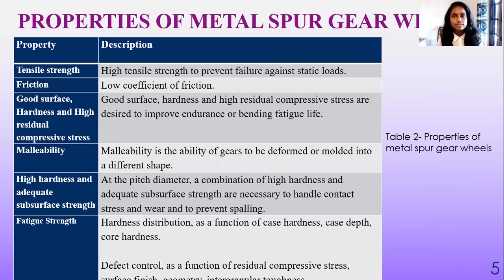High tensile strength to prevent failure against static loads. Good surface hardness and high residual compressive stress are desired to improve endurance of bending, pitting and life. Malleability is the ability of gears to be deformed or molded into a different shape.